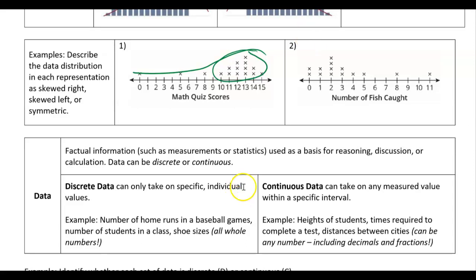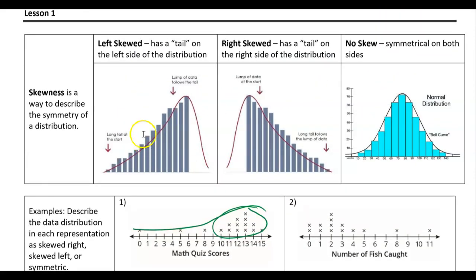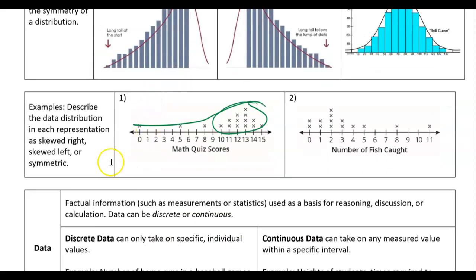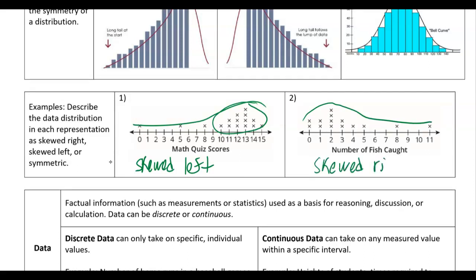Remember, the tail is at the left. That would be skewed left. If we look at the number of fish caught, we've got the majority of the data on the left, the tail is to the right. So this would be called skewed right.